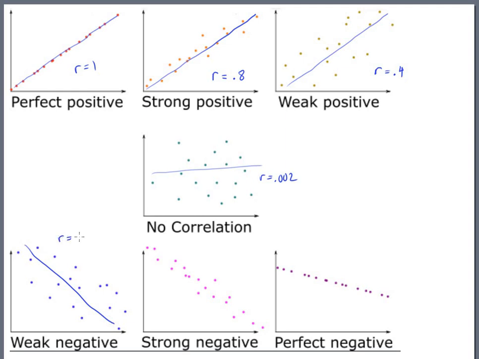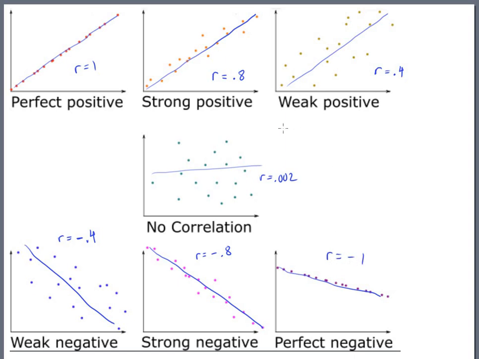Since it's a negative correlation, the correlation coefficient will actually come out negative as well. It says as one thing gets bigger, the other one tends to get smaller. So there's a correlation coefficient of maybe negative 0.4, maybe negative 0.8, and then again this one will be a perfect correlation coefficient of negative 1.